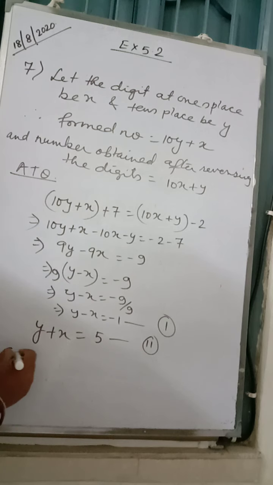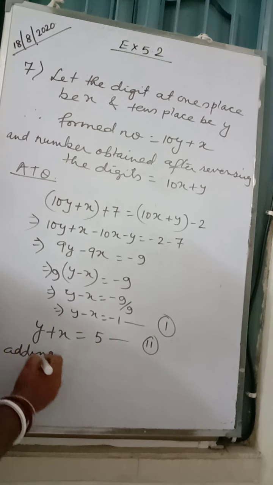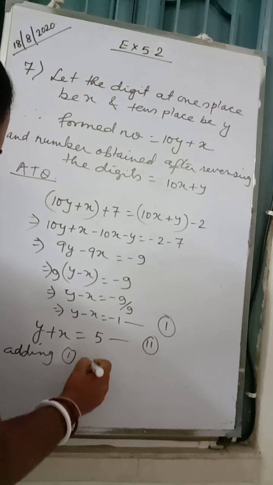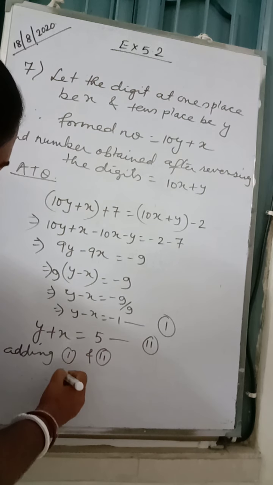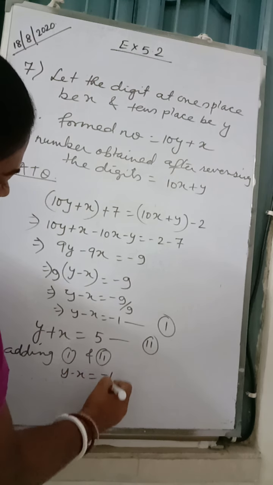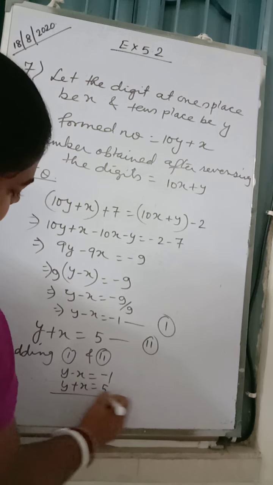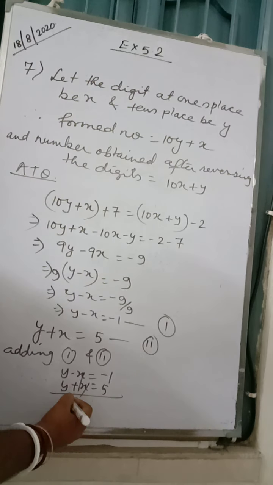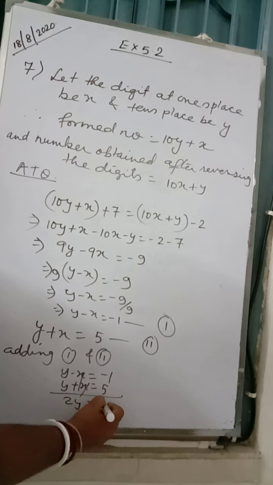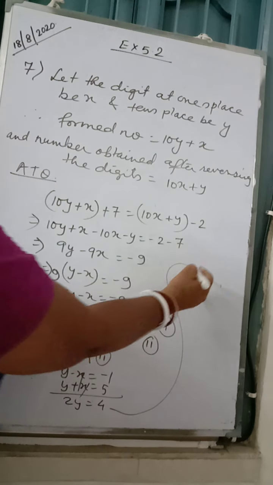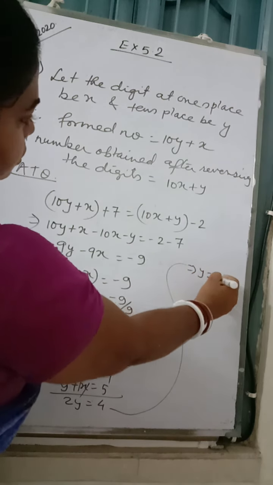Adding 1 and 2, since x has different signs: y minus x is minus 1, y plus x is equal to 5, this cancels, 2y is equal to 4, or y is equal to 2.